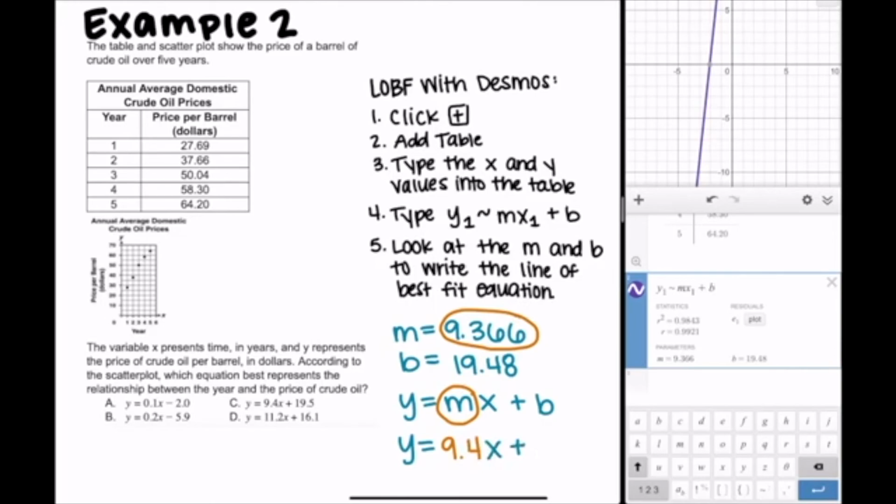And then plug in the b value, which is about 19. Based on our answer choices, they round it to the tenth place, so that would be 19.5. All right, so our final equation of the line of best fit is y equals 9.4x plus 19.5.